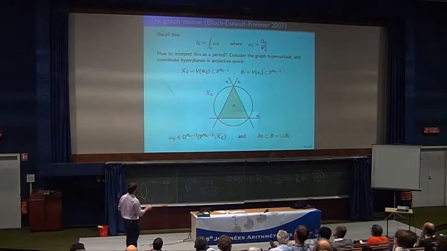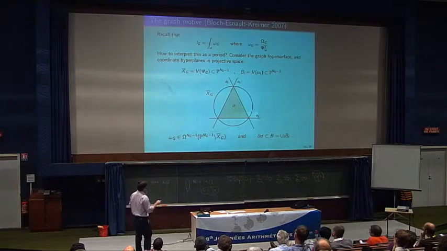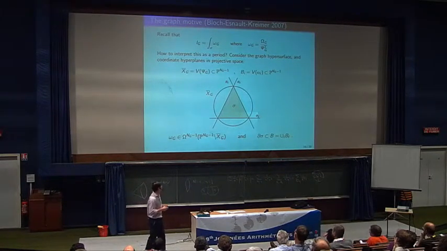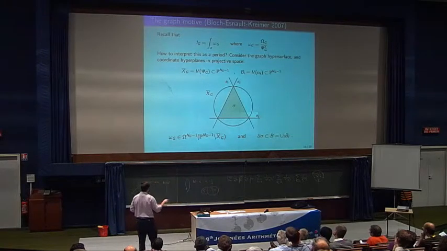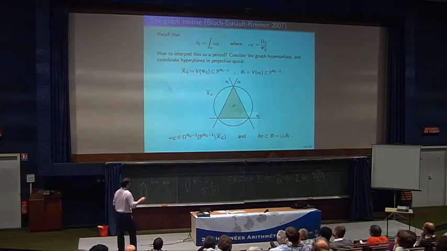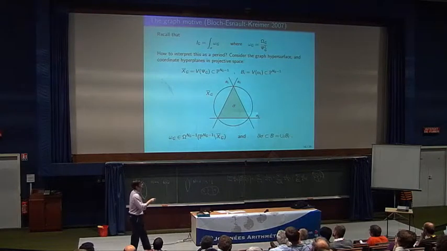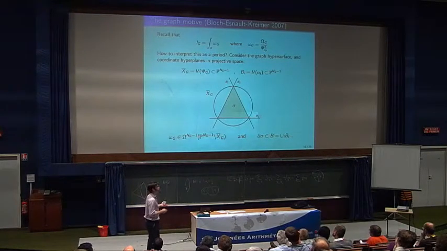The differential form that we're integrating is a differential form on the ambient projective space with singularities precisely along the graph hypersurface. And the domain of integration is precisely the set of real points contained in this triangle. So the simplex defines some kind of homology class whose boundary is contained in B. That means it's a relative homology cycle.